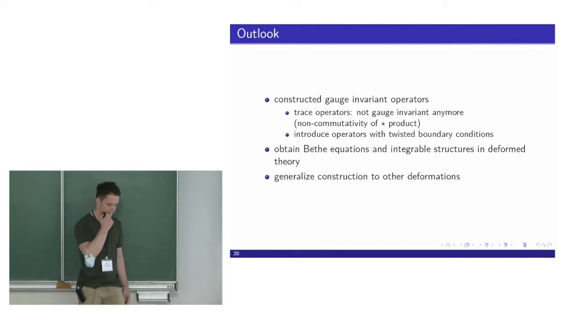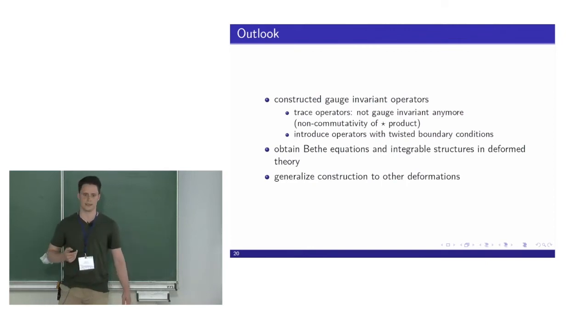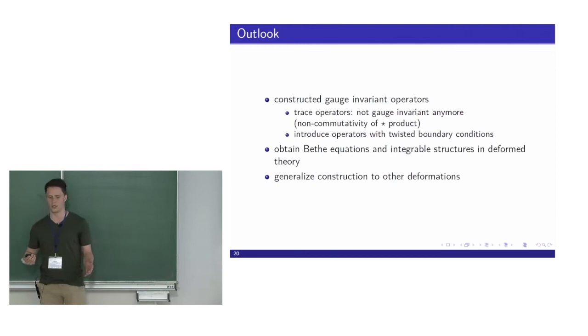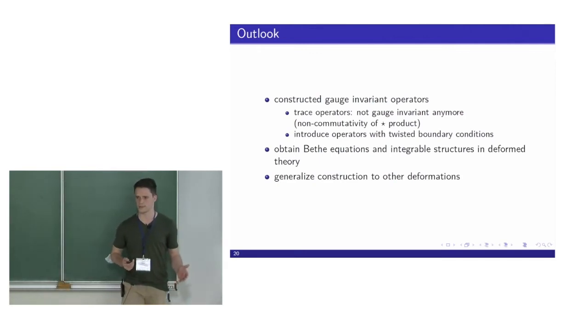And usually in the undeformed n equals 4 super Yang-Mills, the first hint for integrable structures can be obtained by computing the one loop anomalous dimension of some gauge invariant operators.